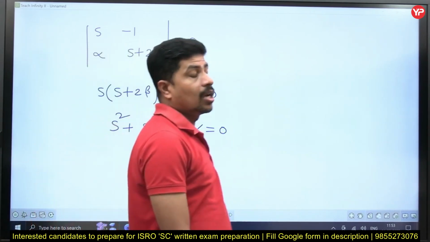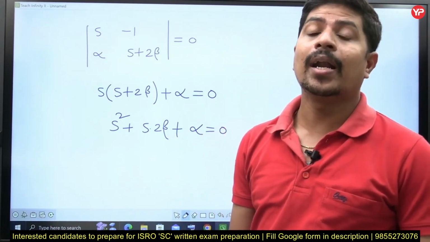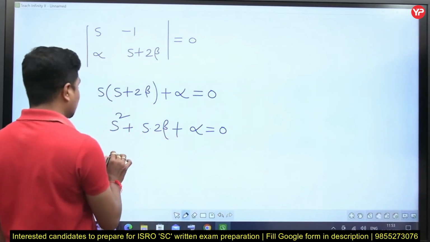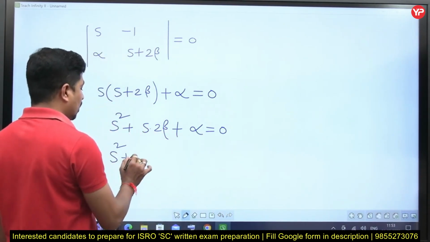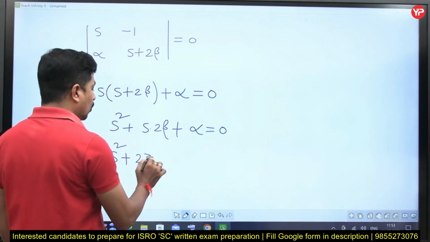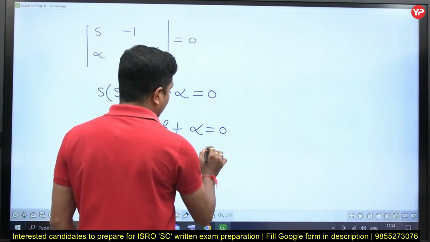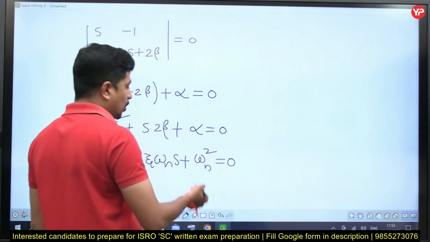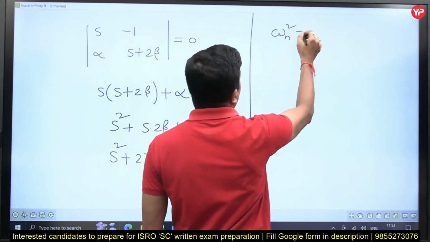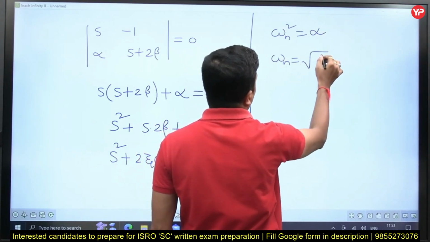Now, he is asking us to find zeta, the damping ratio, and omega n, the undamped natural frequency. Compare this with our standard second order characteristic equation, 2 zeta omega n S, which need not be underdamped. This is our standard equation. Comparing, omega n square is equal to alpha, so omega n is equal to root alpha.